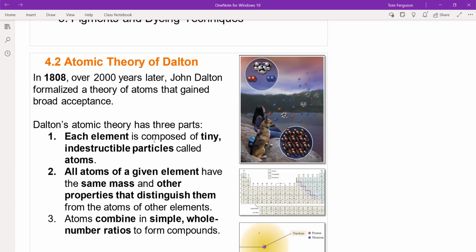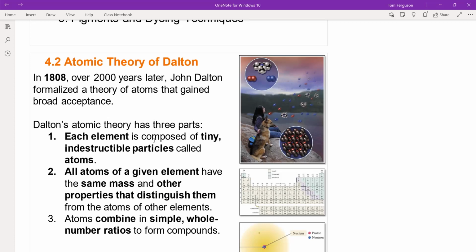All atoms of the same element are the same. This is kind of a weird one. In other words, if I have a hydrogen atom, it's the same as another hydrogen atom. And you go like, well, duh, of course. Right? Anyway, atoms combine in simple whole number ratios.